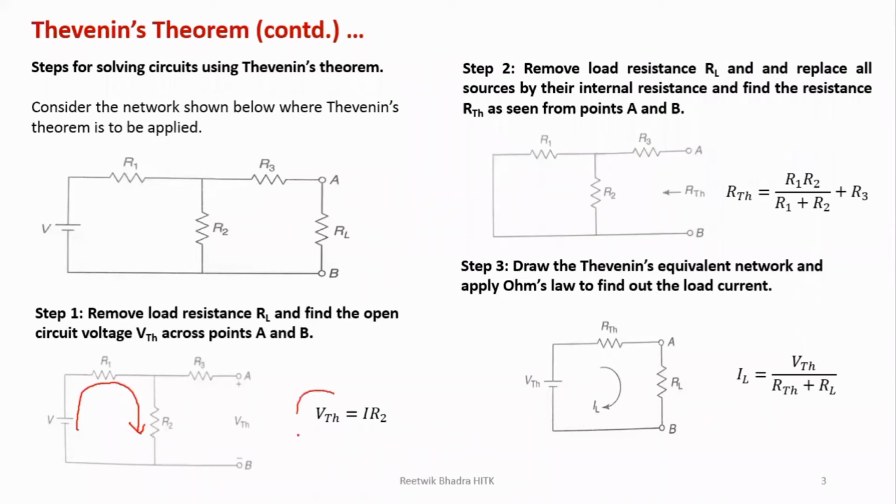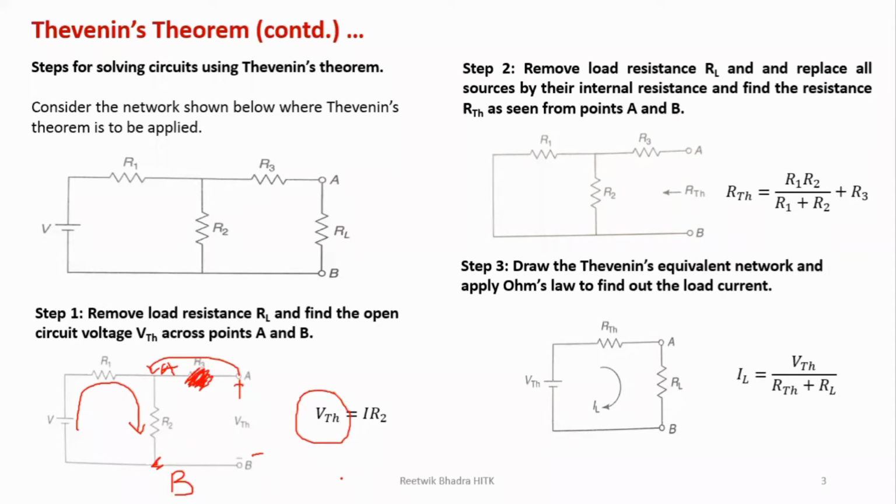And where is VTH? Now you see VTH is at this terminal A, at this terminal B. Now if you remove this one, no current is flowing through this, right? Because this is open. So this A point can be written as this point, A. This B point can be this point, right? Because there is no resistance.